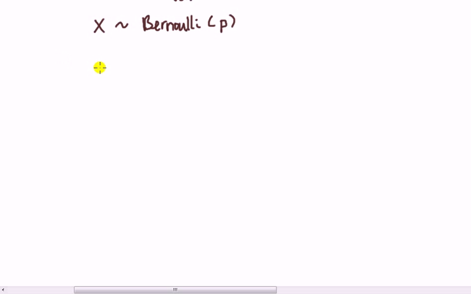If we draw a little table of the outcome, say 1 is success, 0 is failure, and the associated probabilities, what this is saying is probability p of success, so it's 1 minus p of failure. So what I've written here is a probability mass function for X.